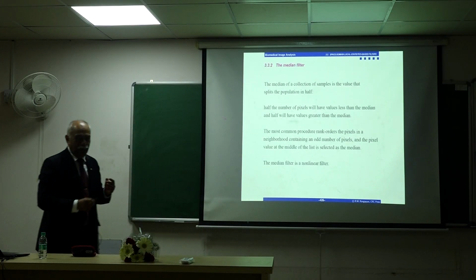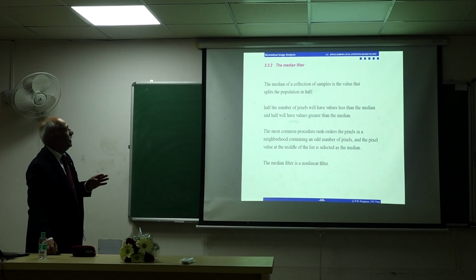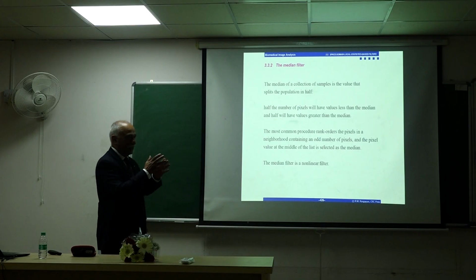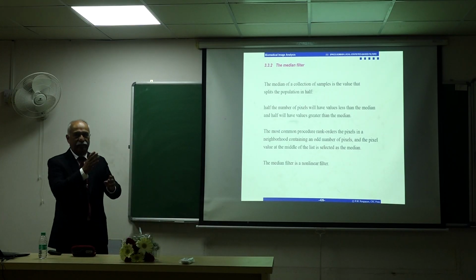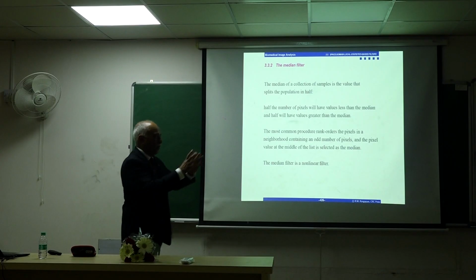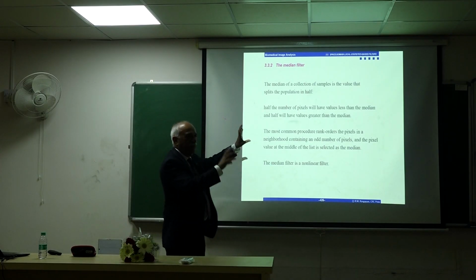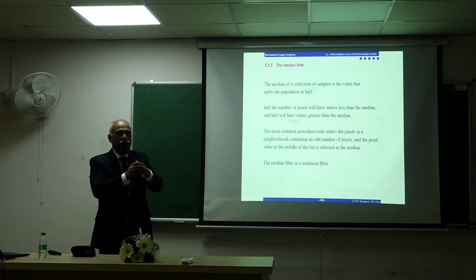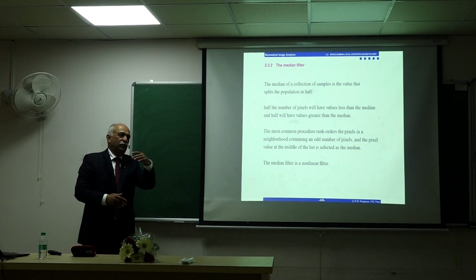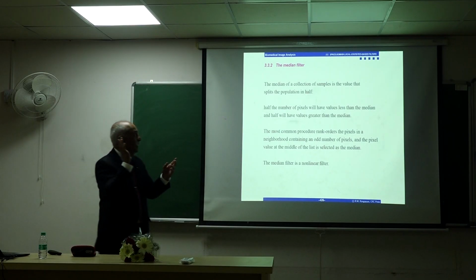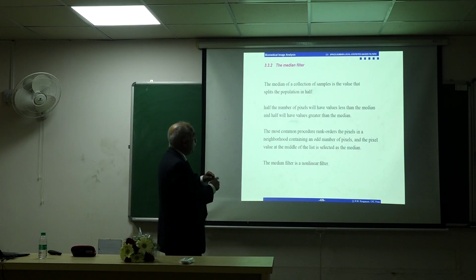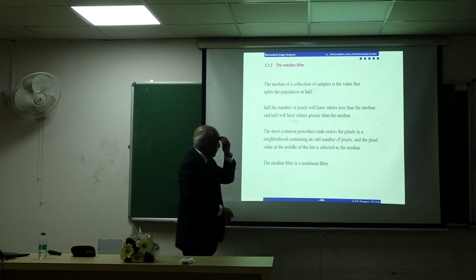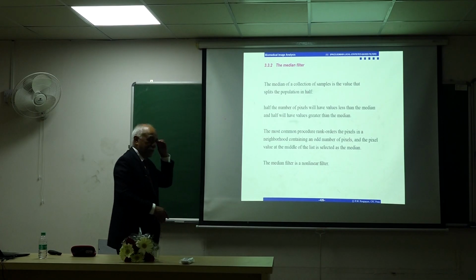The median filter may do better. The median is a sample that splits the value of the population you have in half. So you have a bunch of pixel values from a neighborhood, 3 by 3, 5 by 5, whatever, and you take the value in the middle of that distribution so that there are half the number of pixels on one side and half on the other side. That's the median. This is typically done using a rank ordering process.